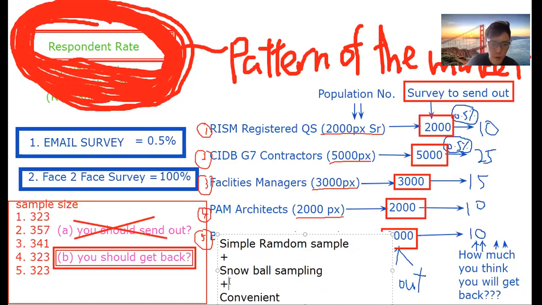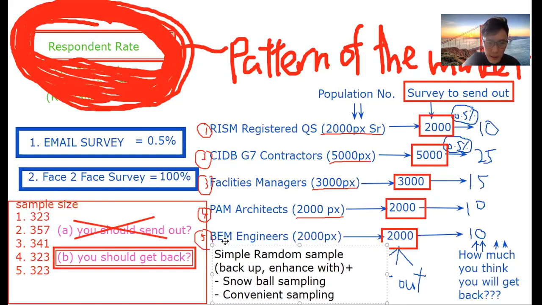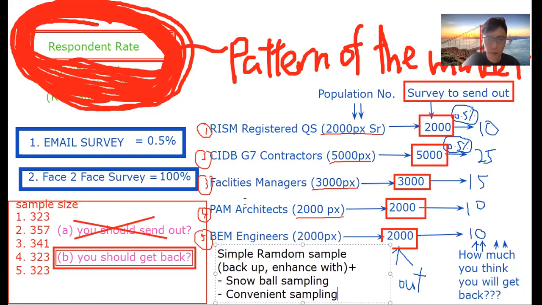You back up with, or you enhance with, snowball sample. You enhance with convenient sample. So this is how you do. Very, very important. Don't go at the last minute and get confused.